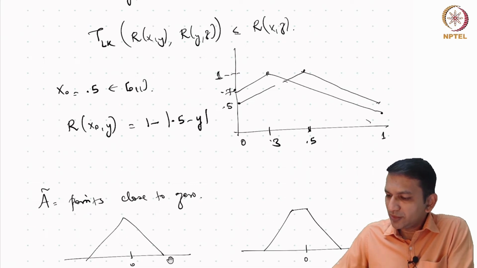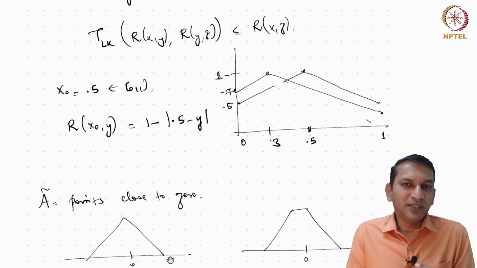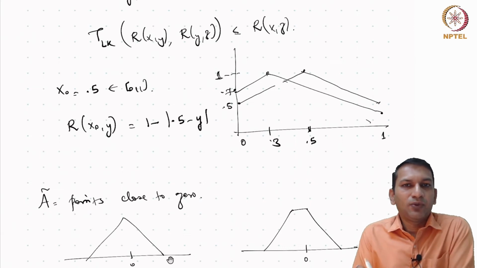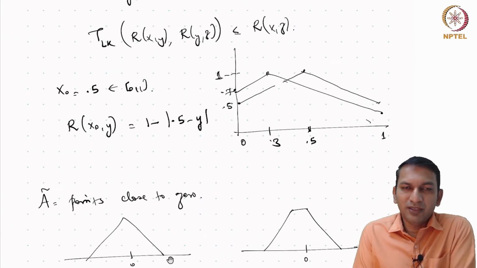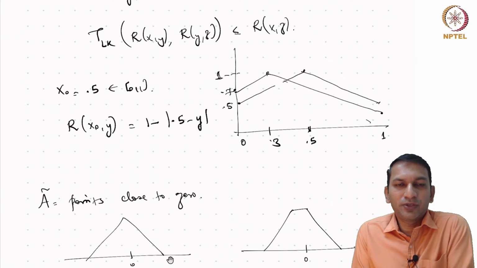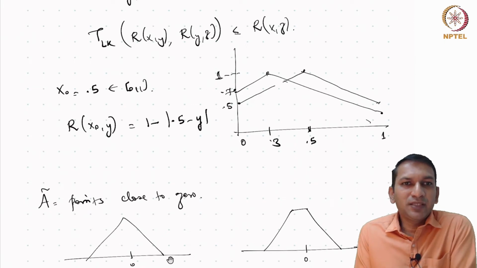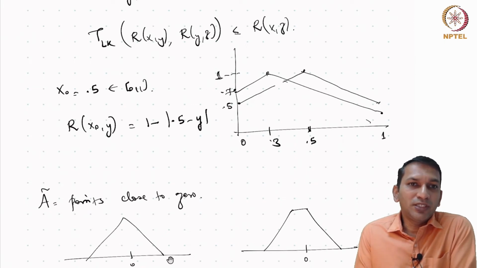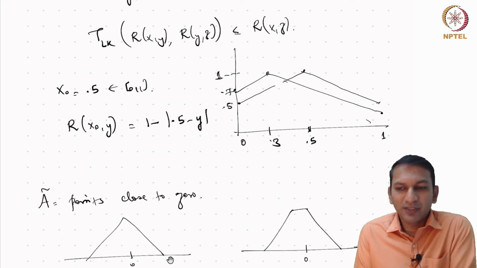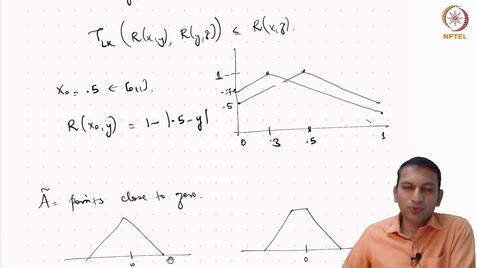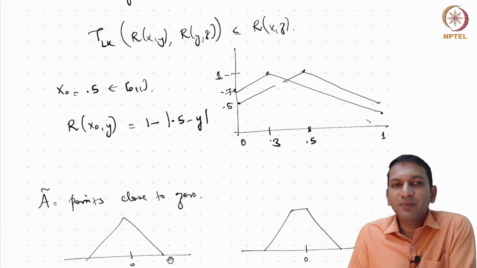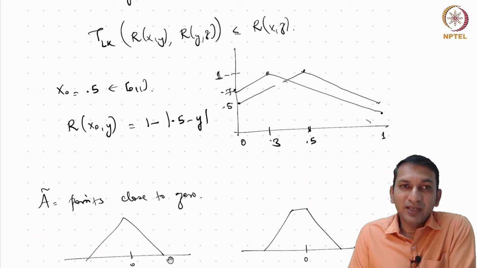So you see here, from this relation, if you fix one of the elements, because it is symmetric, it doesn't matter whether you fix the first component or the second component, what you get is a fuzzy set which represents how similar that point is with respect to the concept as captured by the relation. So in this case, where we are dealing with 1 minus mod x minus y, perhaps it tells you how far away a point is from that particular x0.